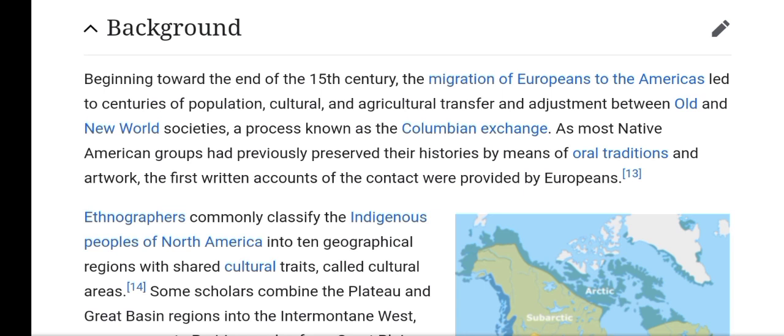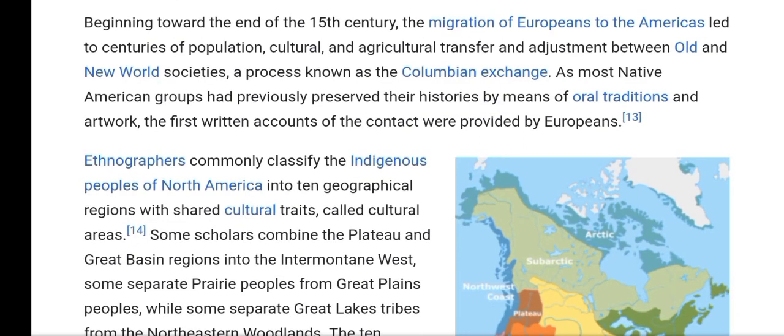Most Native American groups had previously preserved their histories by means of oral tradition and artwork. The first written accounts of the contact were provided by Europeans.